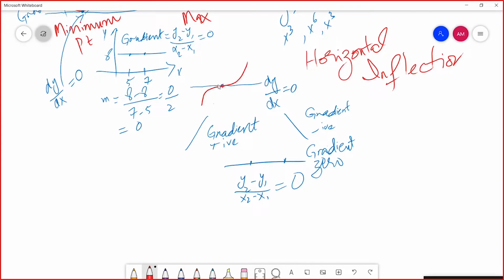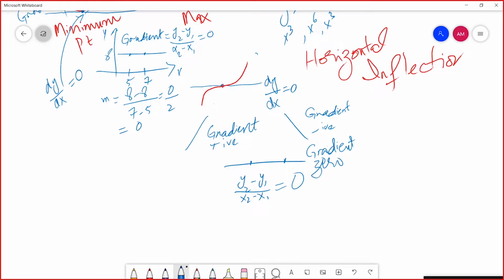And what about here, before this point of inflection? Look at the gradient again, it would be like this. It's still positive. Yes, still positive. So this is different from what we have been doing. Let me write it in red.